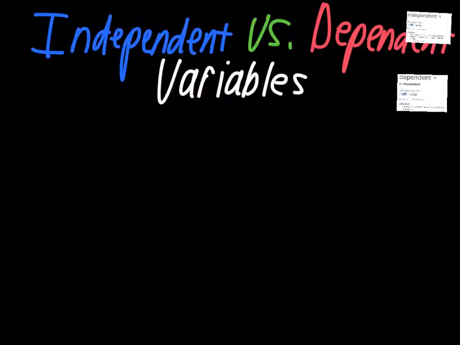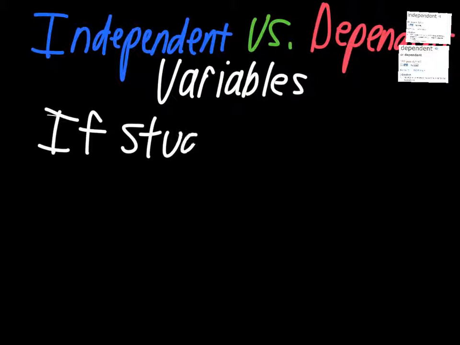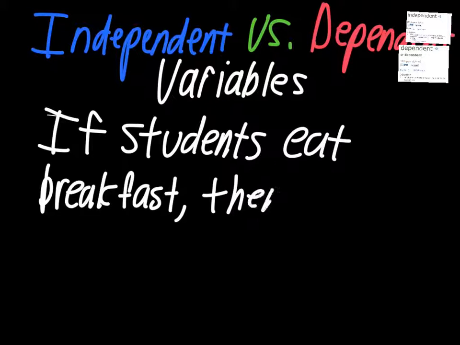To give you a simple example of a hypothesis that you might have to analyze the independent and dependent variables out of, we'll take a look at a simple experiment that I could do with all of you in class tomorrow if we decided to. So we would maybe come up with a hypothesis that says, if students eat breakfast, then they will earn better grades.